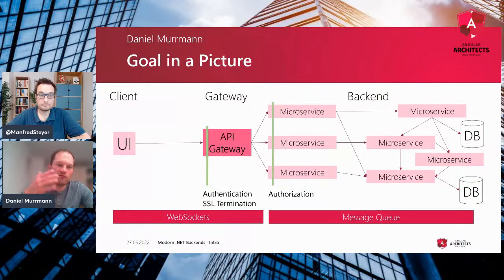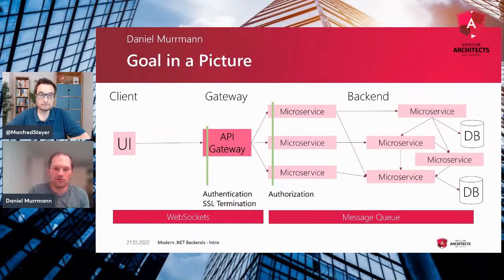So if I have a view for flight search, then the API gateway needs to know which data is needed by the client, and then the responsibility of the API gateway is that it retrieves the data which is needed from different microservices, joins the data together, brings it into a structure which is usable by the client, so that the client does not have to do too much data merging and joining anymore.